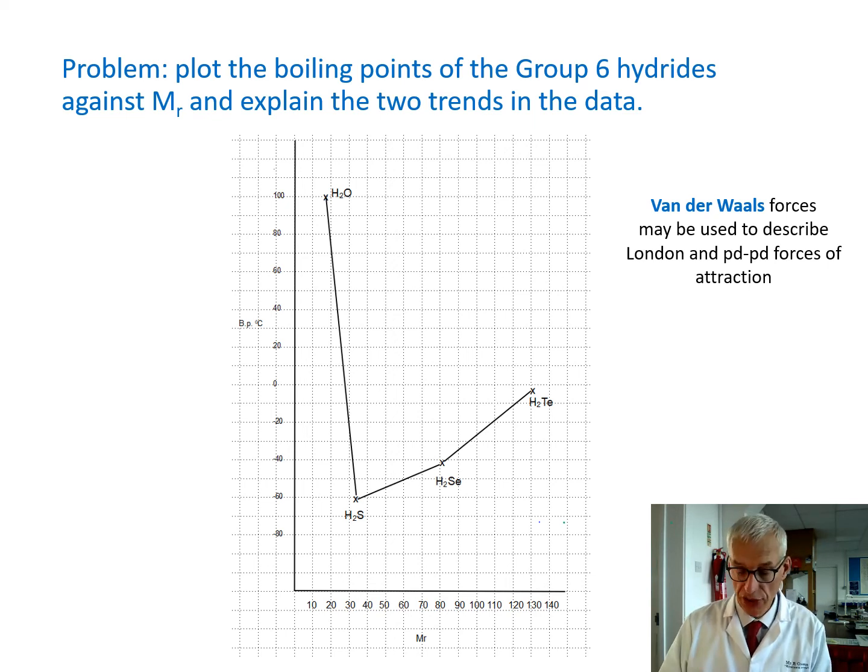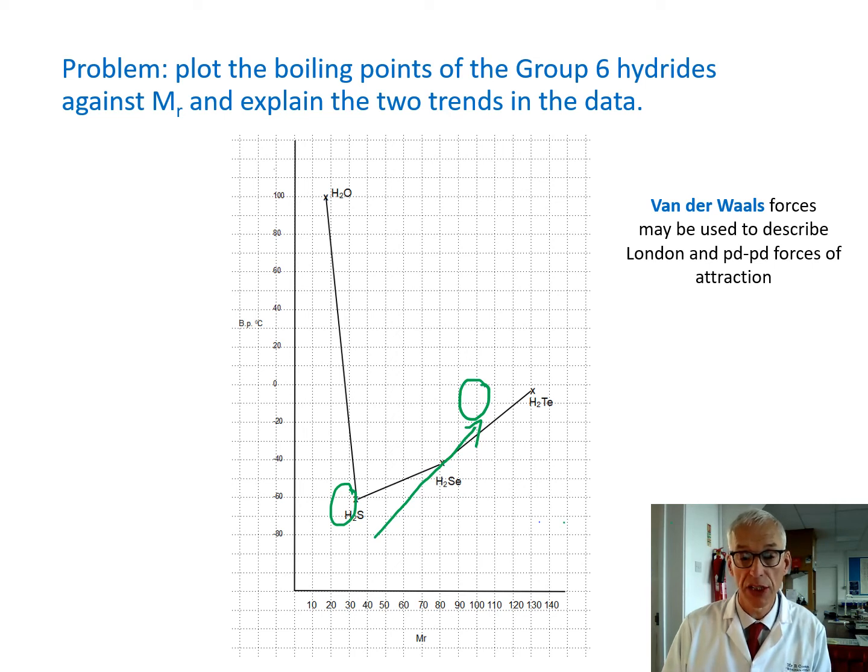So we can see that as tellurium is much bigger, so hydrogen telluride has got more electrons than hydrogen sulfide, we can see there's an increase in the boiling point, and that would relate to increased London forces as we go with an increased relative molecular mass. And that's the trend we would expect to see.